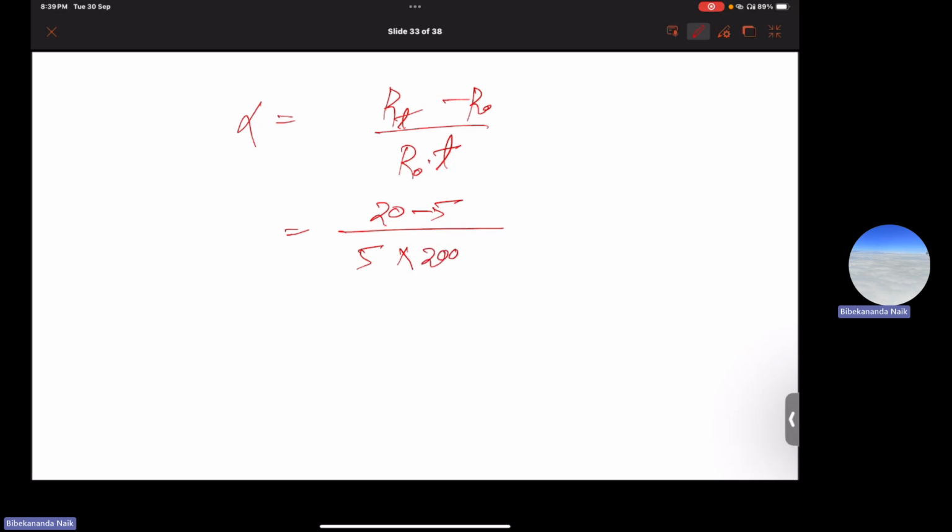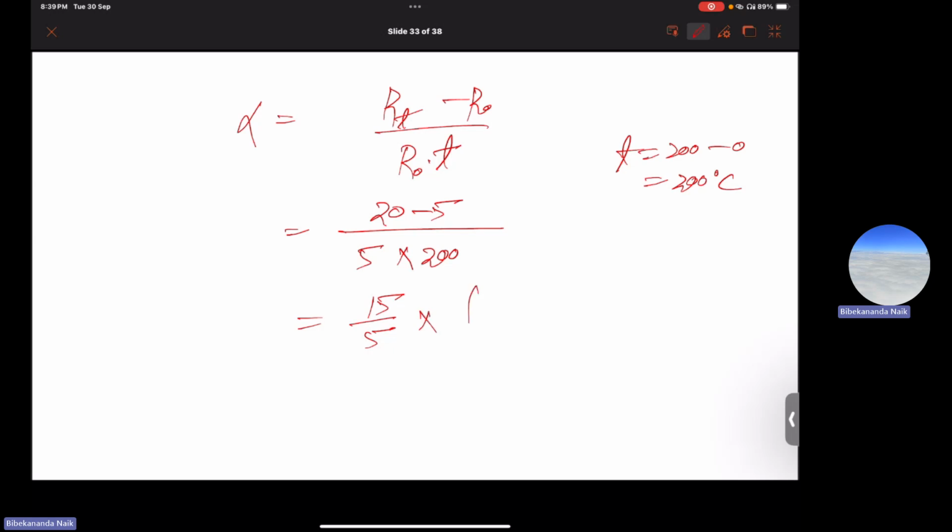So alpha equals (RT minus R0) divided by R0 into T, that implies (20 minus 5) divided by 5 into 200, because T is 200 minus 0, it is 200 degree centigrade.